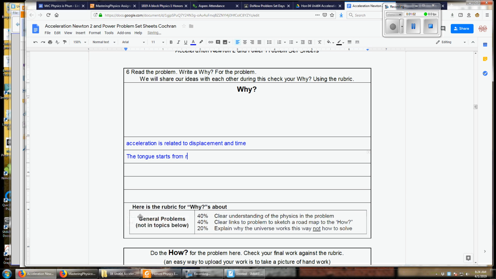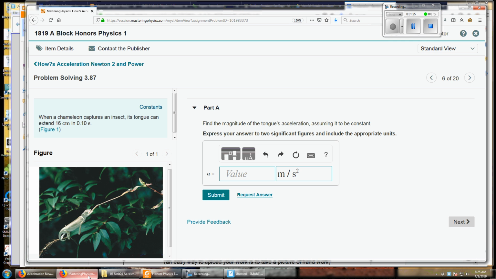Starts from rest and accelerates the whole time it is moving. And let's see, is there anything else?